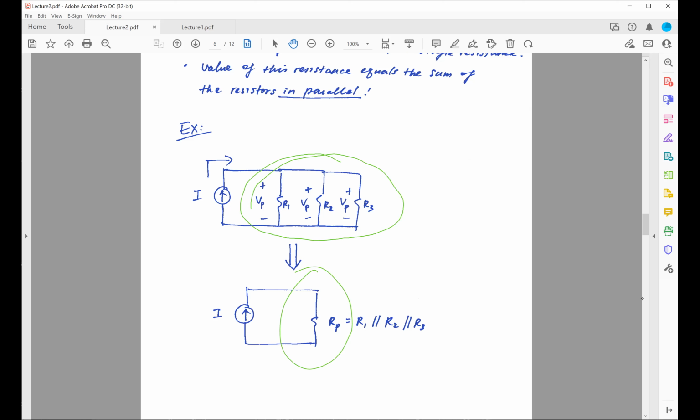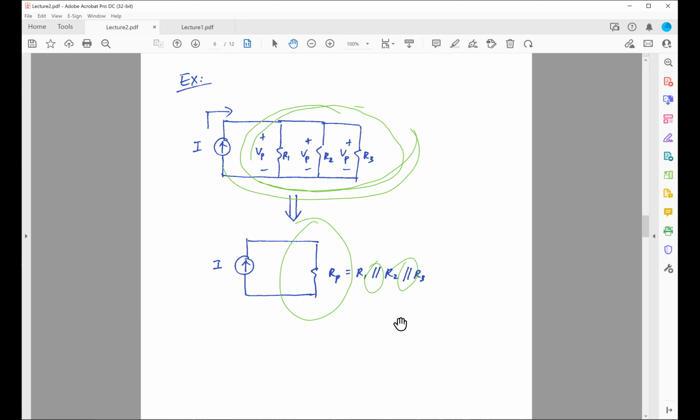So I want to come up with some equivalent resistance that I can use to represent R1, R2, and R3 that are hooked up this way. Symbolically, when you want to represent that something is in parallel with something else, you use two parallel bars like this. So this means R1 is in parallel with R2 and is in parallel with R3.